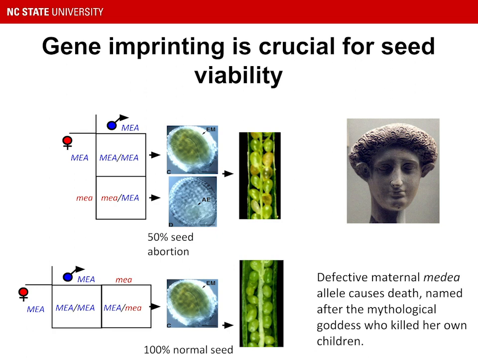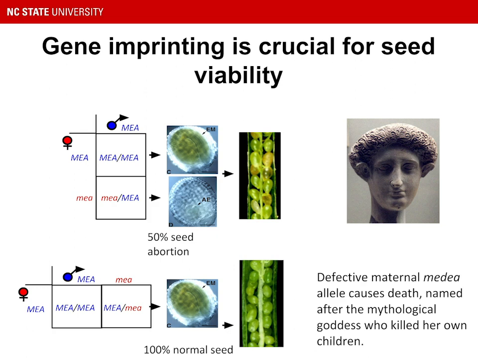So gene imprinting is essential in plants. This is the first imprinted gene discovered in Arabidopsis, and it was named Medea because Medea killed her own child. In this gene mutation, if you have a mutant allele that's transmitted through the female gamete, then this seed will die.